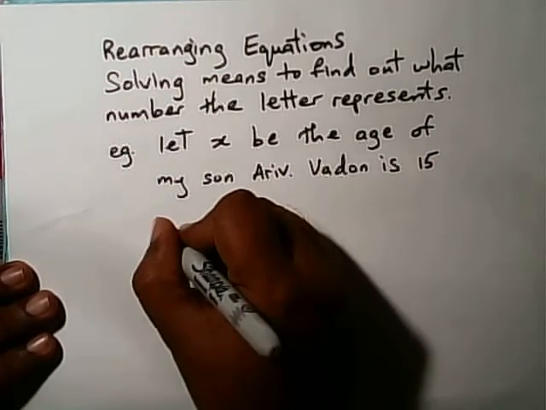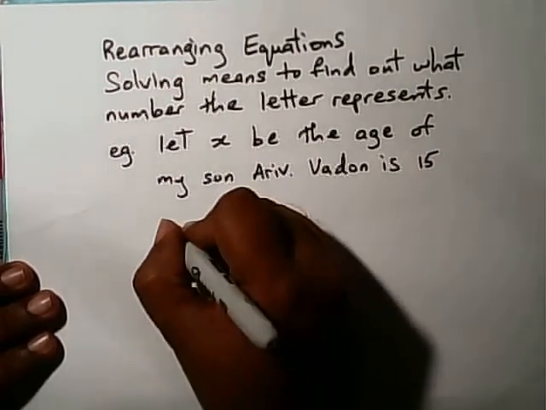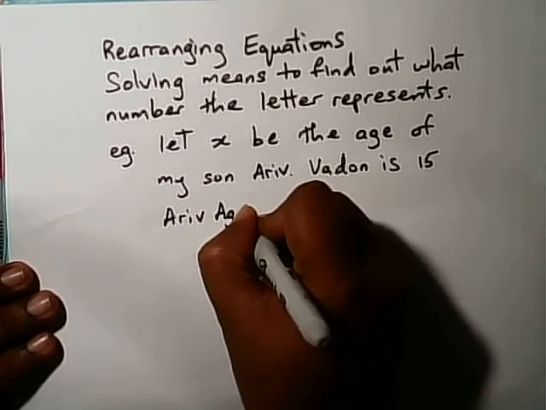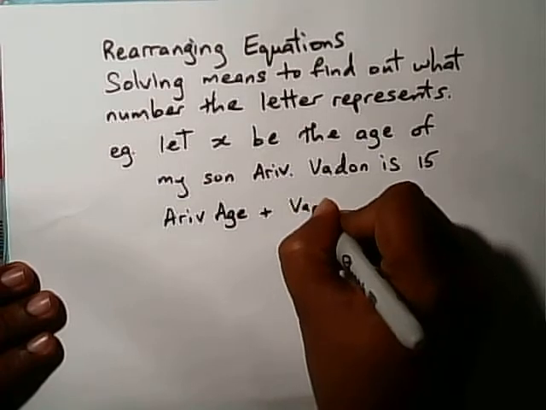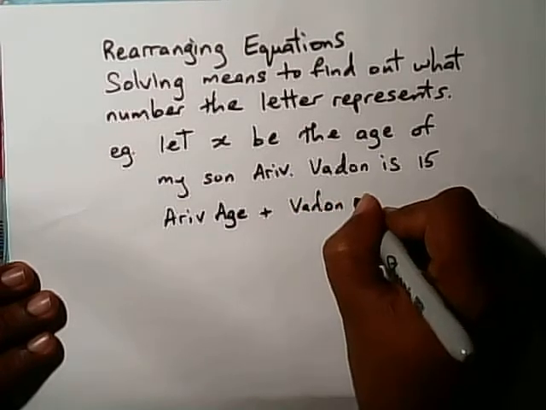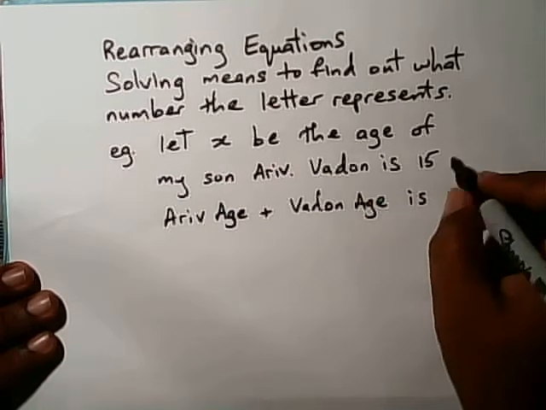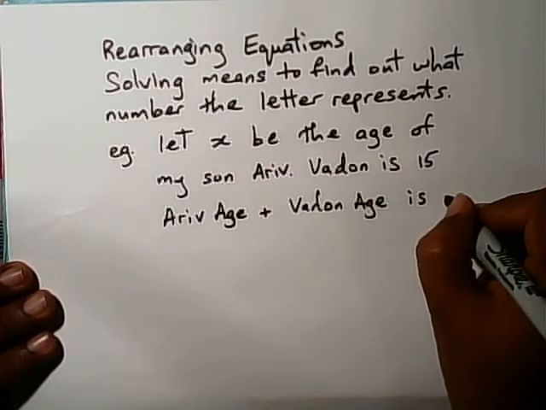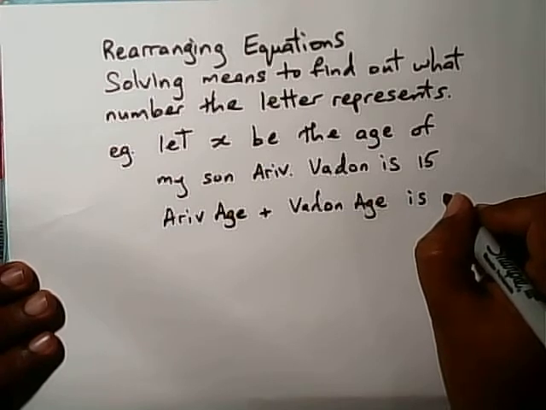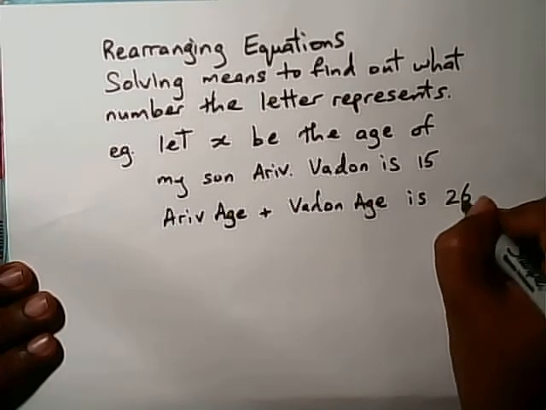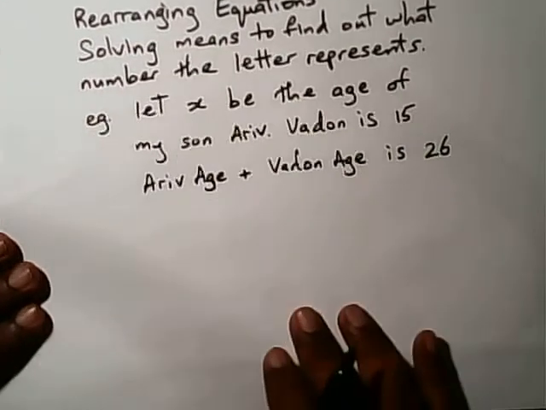Now if I tell you Arif's age plus Vedan's age is going to be equal to 26, I'm going to write it like this.